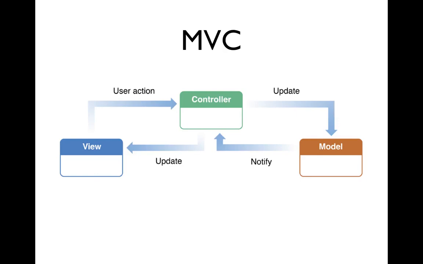It gets the user actions from the view. It probably does something based on those actions to the model, or just asks the model to get some information. The model notifies the controller with this new information, and the controller updates the view so that the user can see what happened and what actions of the user led to what updates in the view.